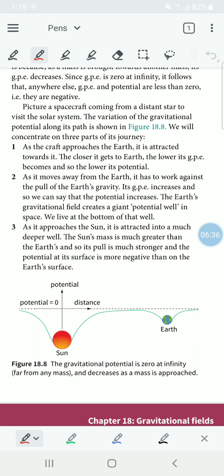The spacecraft comes from infinity, so that is 0. When it comes into the Earth's gravitational field, it dips into this well, and then when it goes further away, the potential increases again. Then when it comes closer to the sun, the potential decreases, and then again it increases. So what you need to remember is that the potential is 0 at the beginning, and then it continues to decrease as it approaches larger objects. That's what you need to understand and remember.